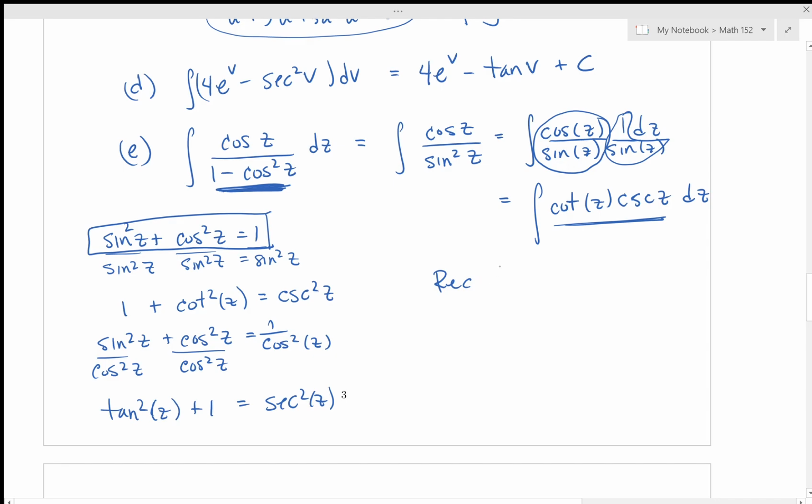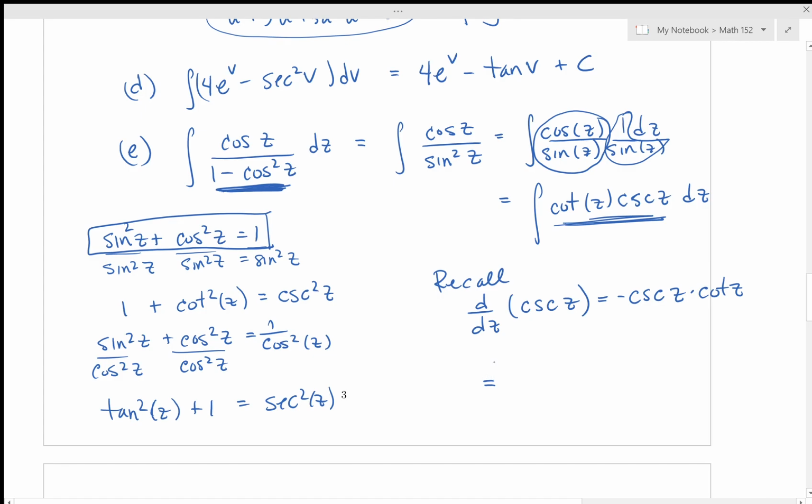Again, let me put the detail of how I'm thinking here. Recall the differentiation of the cosecant function, which I recall is minus cosecant times cotangent. I'm looking at this, I see there's not a minus sign, so I have to compensate for that.